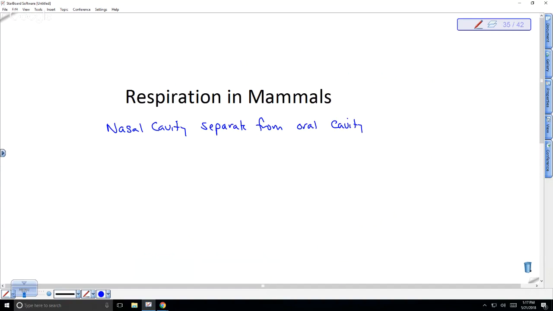And we do have these really cool sensory structures in our nasal cavity that allow us to detect odors, right? So we can smell different smells. And that is important because that is actually really intimately linked with our sense of taste. But we'll talk about that when we get to sensory structures in the nervous system.